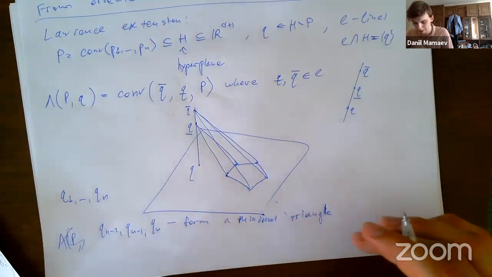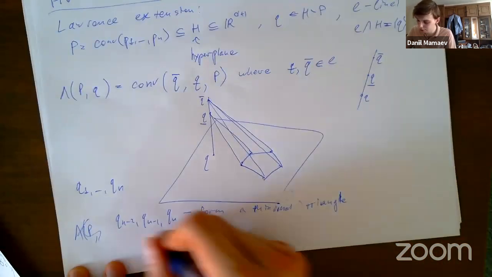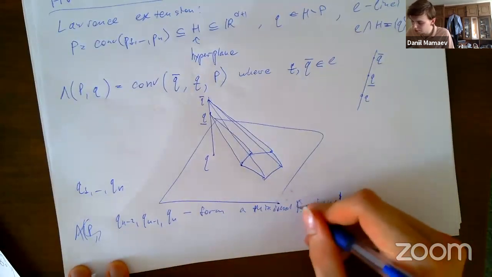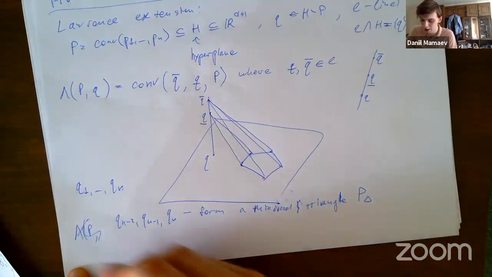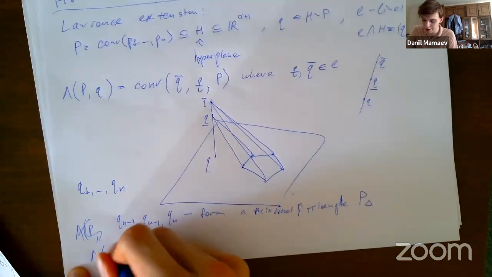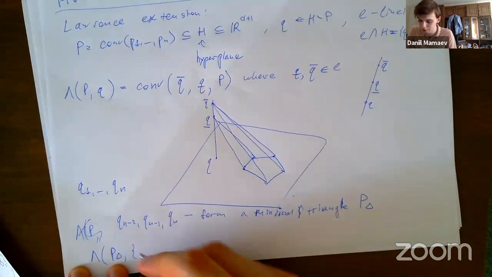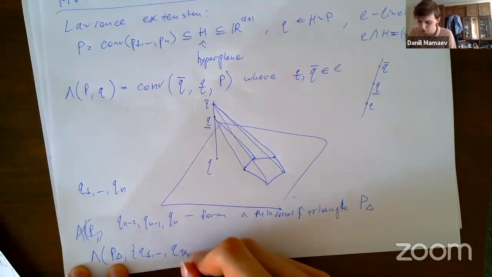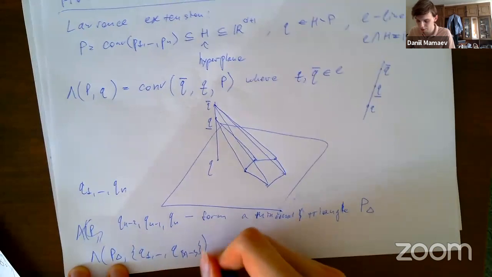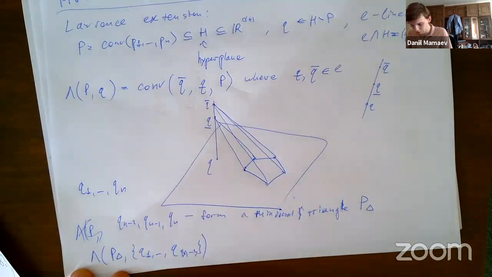There is always such a triangle, and let's call it triangle P. Then you apply Lorentz extension to this triangle, and to every other point but the points that form this triangle.